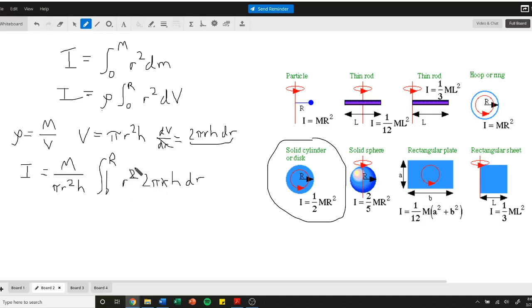So this is now r to the third. We can pull out the pi h, and it's really weird that the pi and the height cancel out. The moment of inertia of a disk actually doesn't matter how high or thick the disk is.